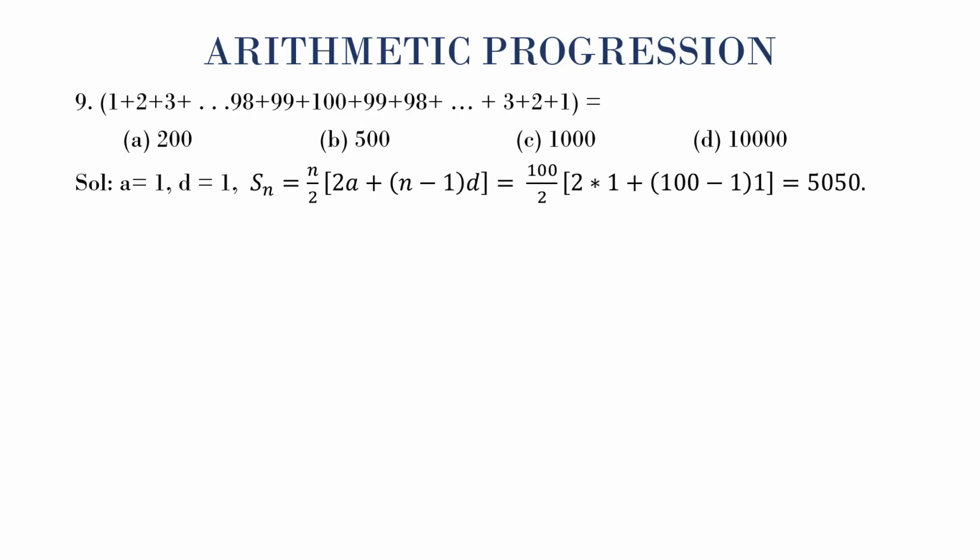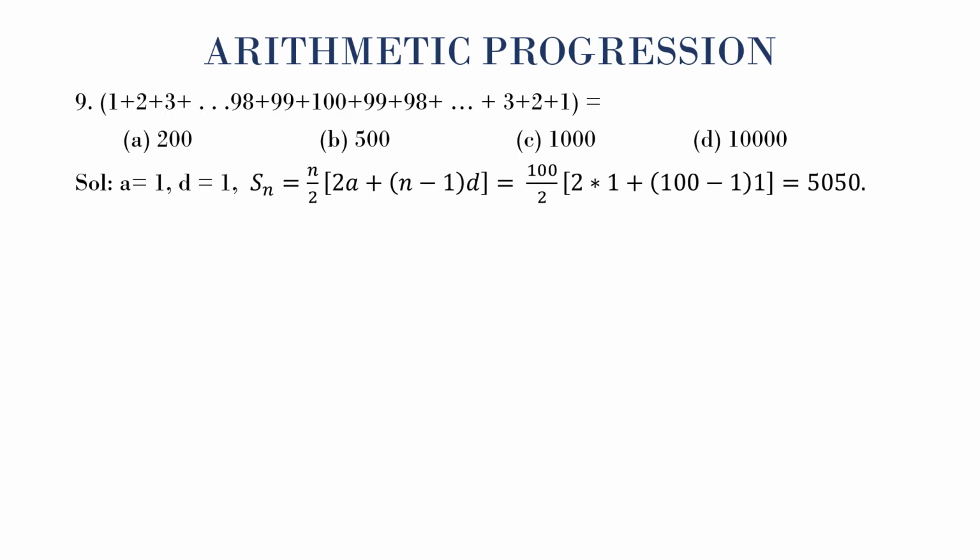So we have to find out the sum of n numbers in arithmetic progression, where a equal to 1, the first term, and common difference d is also equal to 1. On simplification we get Sn equal to 5050. So 1 plus 2 plus and so on plus 100, up to 100 it is 5050.